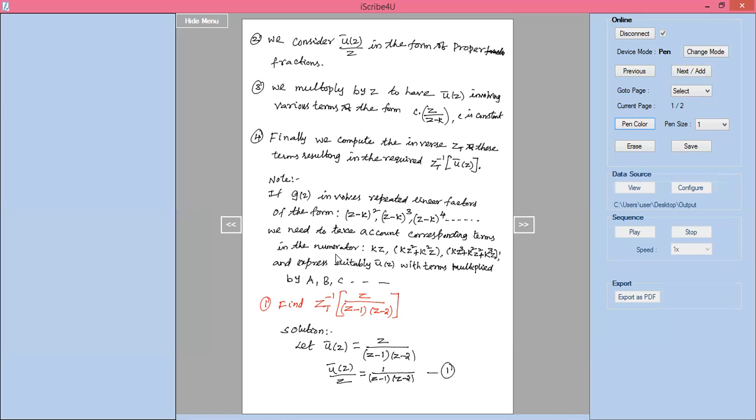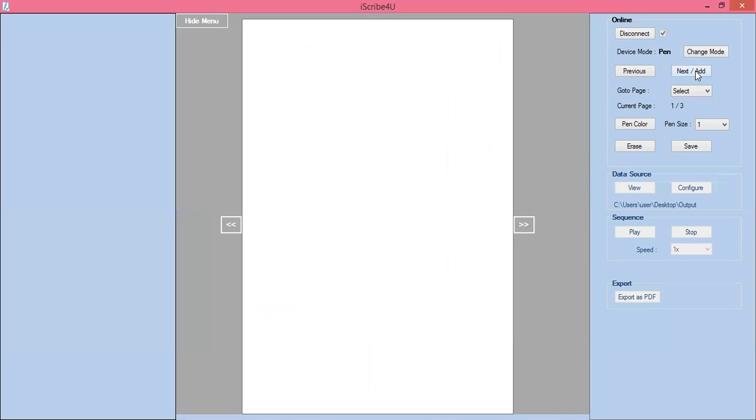Now next, u bar of z divided by z equal to 1 divided by z minus 1 into z minus 2, which equals a divided by z minus 1 plus b divided by z minus 2.